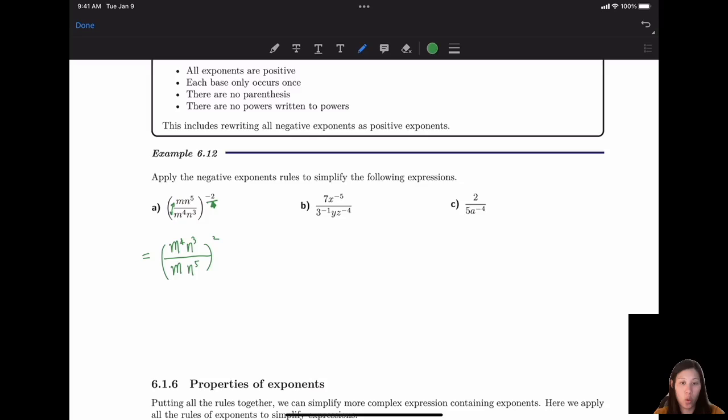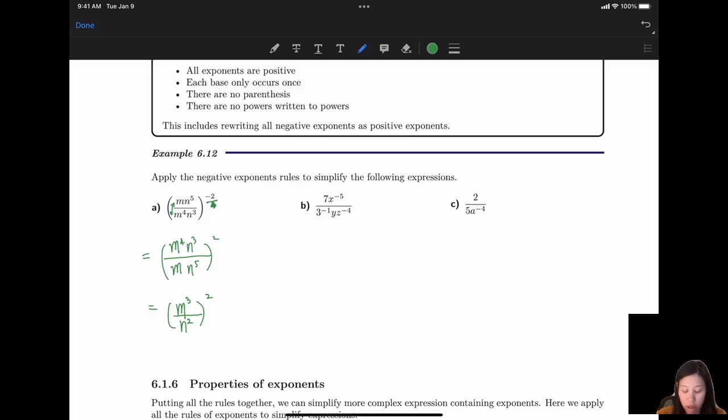So you can distribute the two inside, or what I would do is simplify everything inside parentheses first. So I have m to the fourth and m to the one power, which leaves m to the third power. And then here I have m to the second power and m to the second.